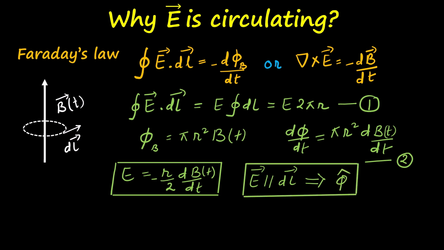Using these two pieces of information, we can finally write down the expression of the electric field, which is a function of r and t, and the expression is given by this. The phi cap direction is always tangential to any point on the circular path. That's why the electric field is circulating.